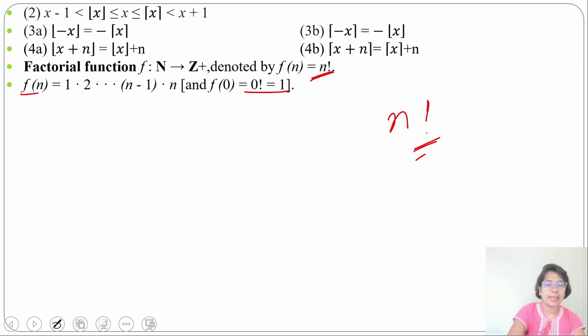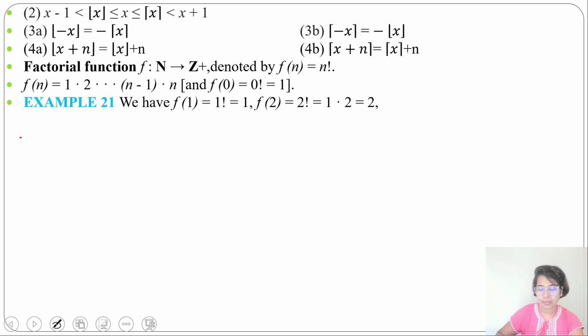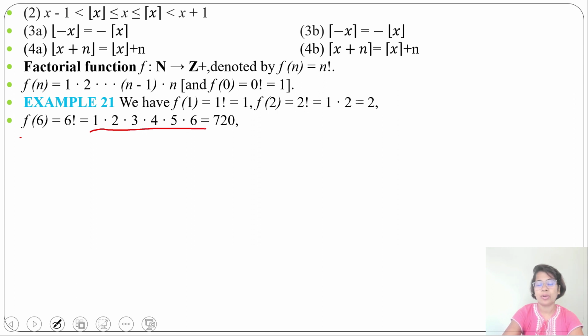So f(n) equals 1 multiplied by 2 multiplied up to n minus 1 multiplied by n. So it's a continuous multiplication starting from 1 till n. Now one example of factorial. So here 6 factorial equals 1 multiplied by 2 multiplied by 3 multiplied by 4 multiplied by 5 multiplied by 6, which is 720.